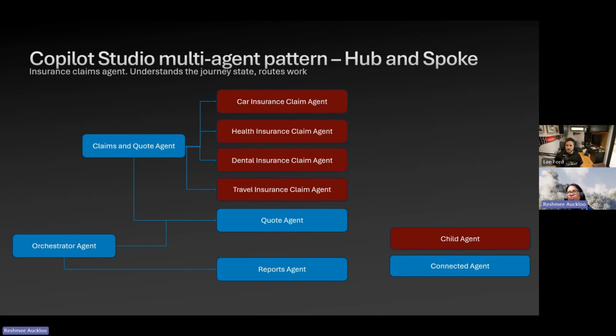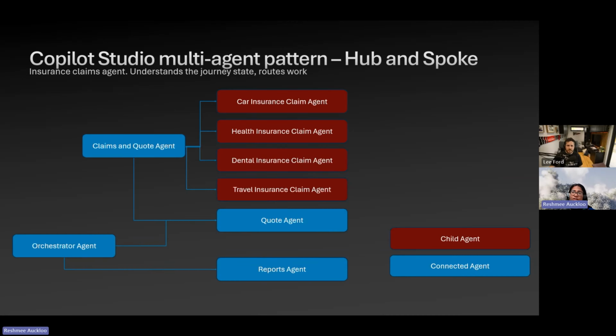For example, for the code agent, maybe I want it to be publicly available on a particular website, so anyone, without any authentication, can go and ask for an insurance code. But for the claims agent, you want the users to be authenticated so that you can do the checks before we actually submit an insurance claim. So that's my reasoning for why the insurance code agent is a connected, independent agent.